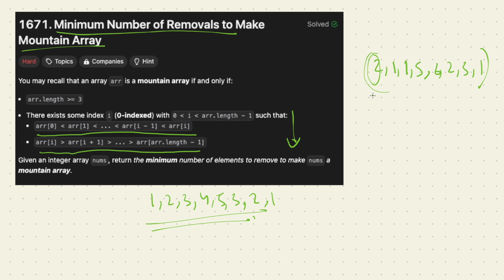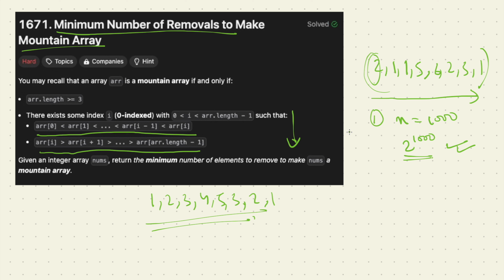Basically we can form all the subsequences of this array and run a for loop from start to end to see whether it's a mountain array or not. If we find that it's a mountain array, then we don't do the recursive call. But in the limit it is told that n, the number of elements, is 1000. So in the recursive call we will end up having 2 to the power 1000, which is not feasible.